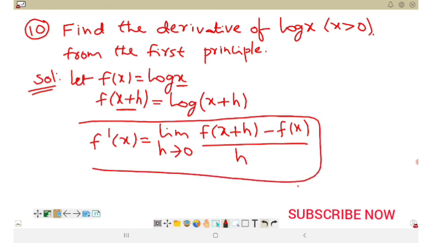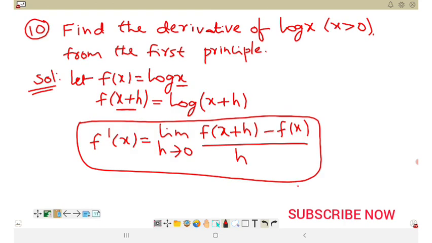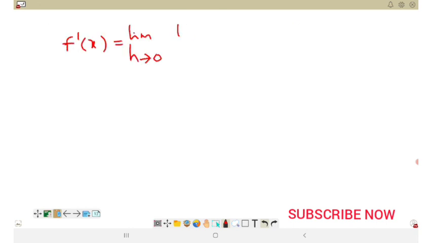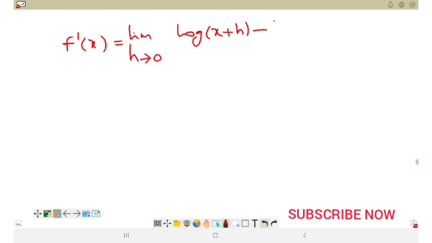F dash of x is equal to limit h tends to 0, where f of x plus h is log of x plus h, minus f of x, which is log x, by h.